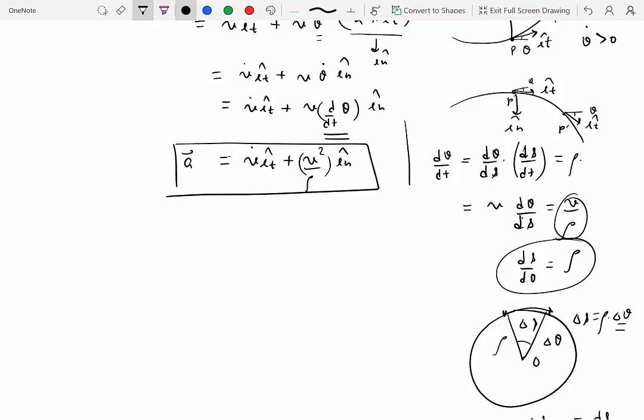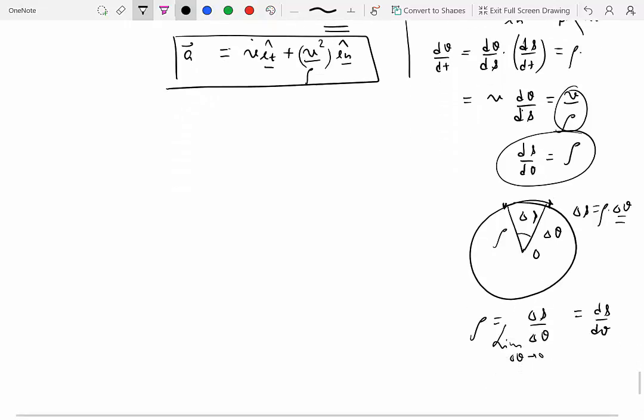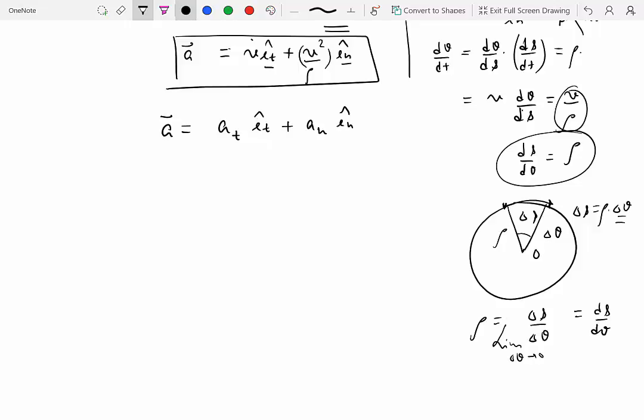Now this is interesting because we are looking at the expression of acceleration in the tangent normal coordinate system, and it has two components, right? There's one component pointing along the tangential direction, another component pointing towards the normal direction. So I can write this a little bit differently: acceleration along the tangential direction, unit vector et hat, plus acceleration along the normal direction, unit vector en hat, where at is the tangential component of the acceleration given by v dot, and an is the normal direction component given by v squared over rho.